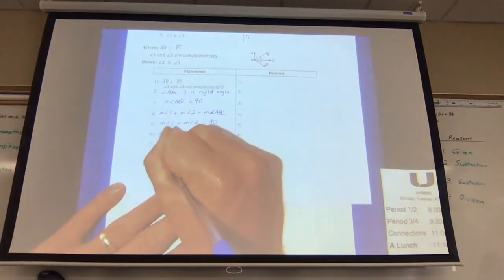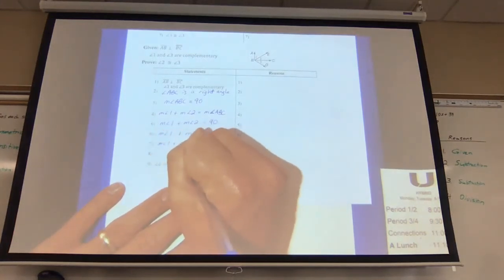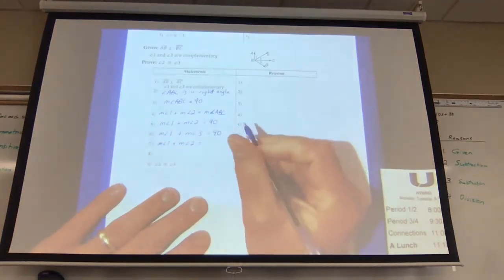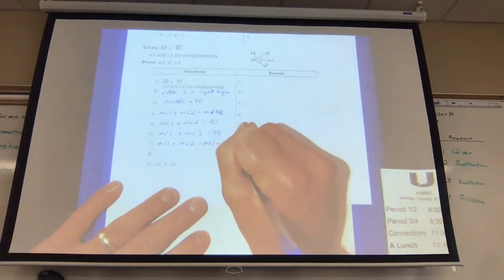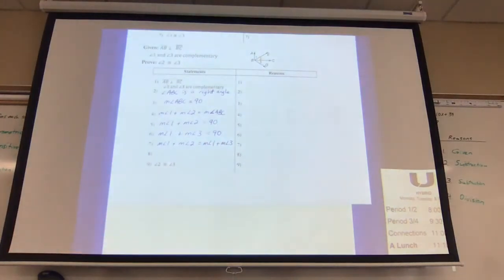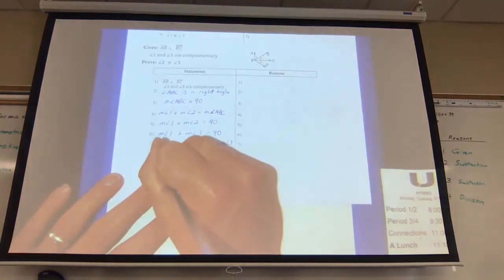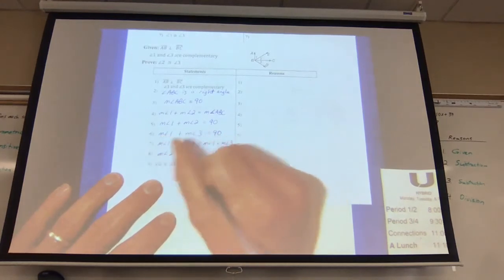Step 7, we got the measure of angle 1 plus the measure of angle 2 on the left. And then on the right, we're going to have the measure of angle 1 plus the measure of angle 3. And then the last one will give you the measure of angle 2 equals the measure of angle 3.